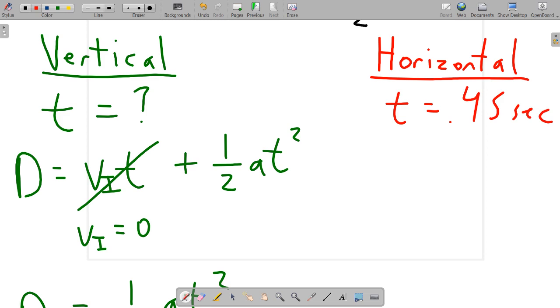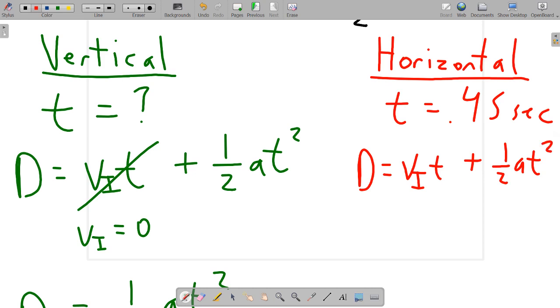Now let us write down our displacement equation again. Okay. Remember, the displacement of an object is equal to its initial velocity times time plus 1/2 times a t squared.